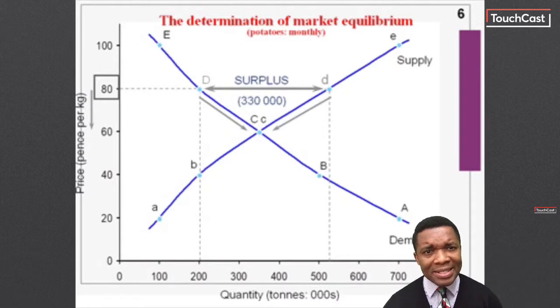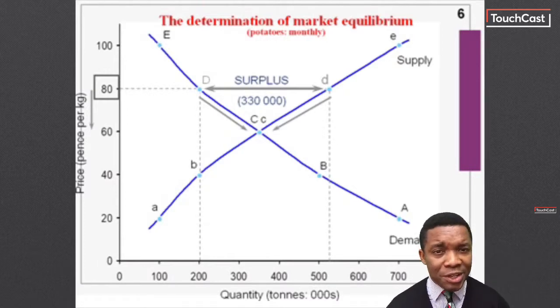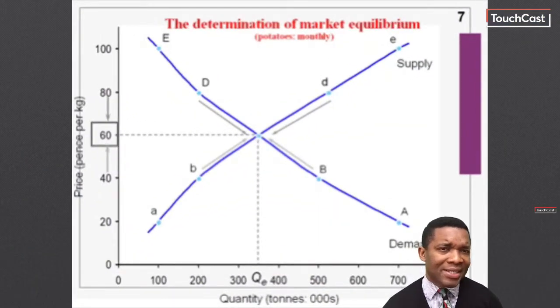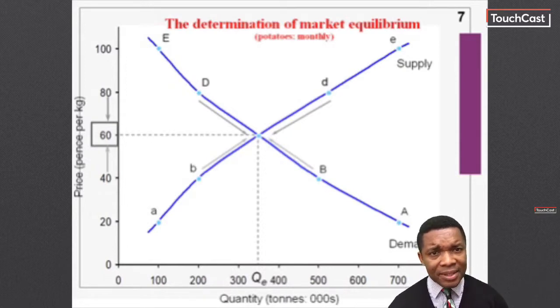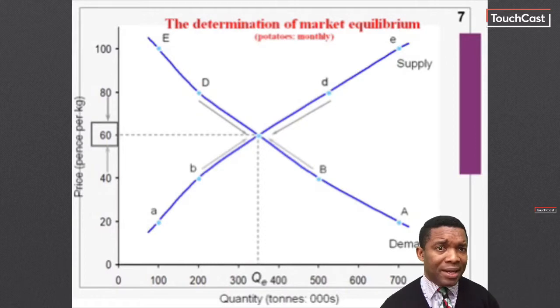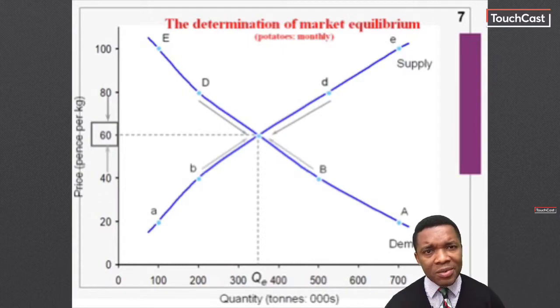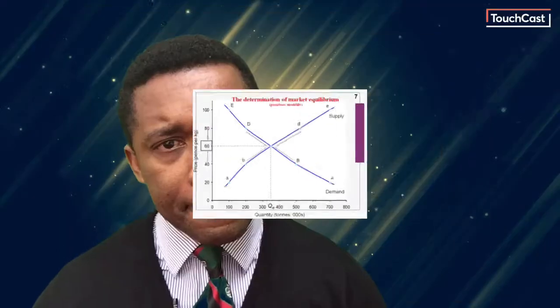Hence, at price 80, we would witness a surplus of 330,000 tons of potatoes. Nonetheless, the equilibrium point, as earlier stated, is at price 60. Here, the demand and supply are equal at 350. Hence, the equilibrium point is price 60, where the total market demand is equal to the total market supply.